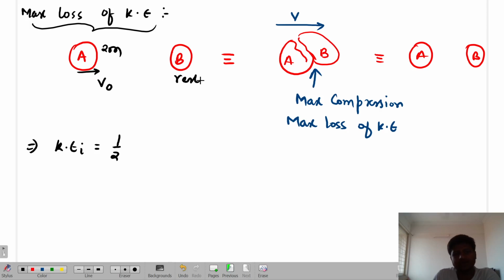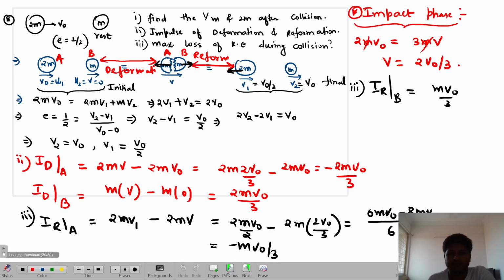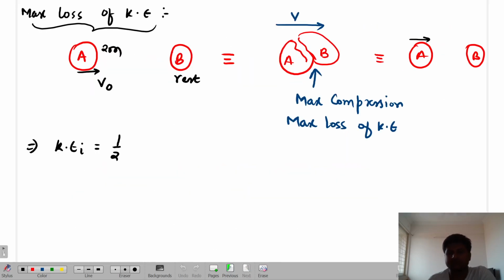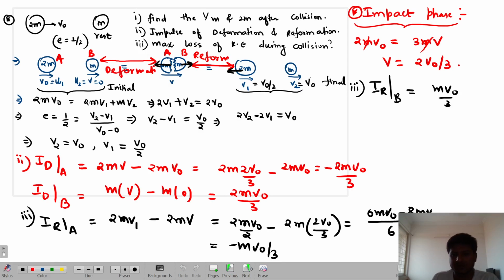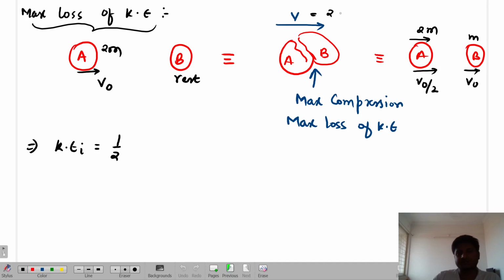B was at rest. Finally, A is moving with velocity v naught by 2, and m was moving with velocity v naught, and the common velocity is twice v naught by 3, I think so. Twice v naught by 3, isn't it? Is that clear?